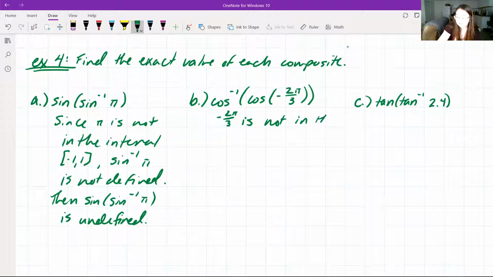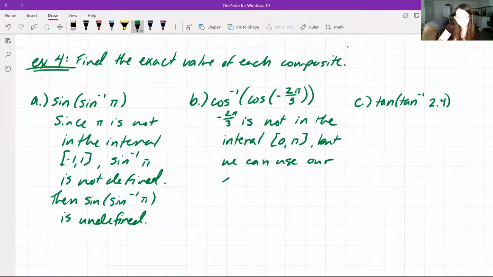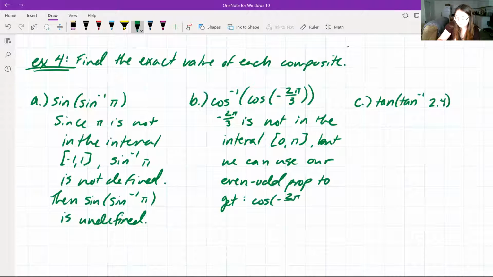We see that negative 2 pi over 3 is not in the interval of 0 to pi, but we can use our even or odd property to get that cosine of negative 2 pi over 3 is equal to cosine of 2 pi over 3.